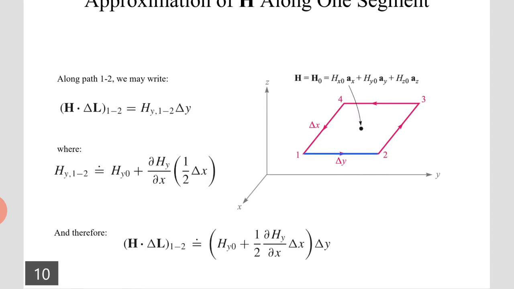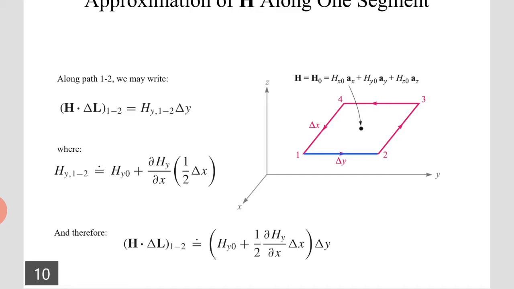If you want to calculate the approximation of H along one segment, along path 1 2 we may write H dot delta L, along the path 1 2, is equal to Hy of 1 2 delta y, where Hy of 1 2 is equal to Hy0 plus the partial derivative of Hy with respect to x, into half of delta x. This is a formula we have already studied in the first module on the differential volume element, while defining the divergence.